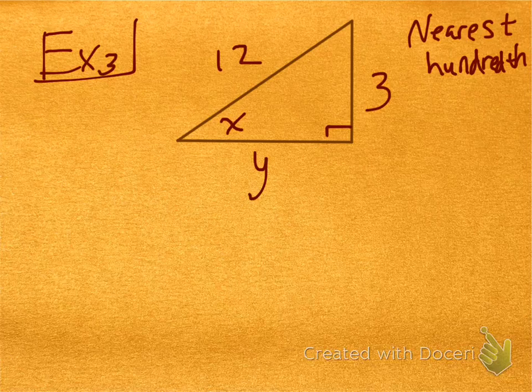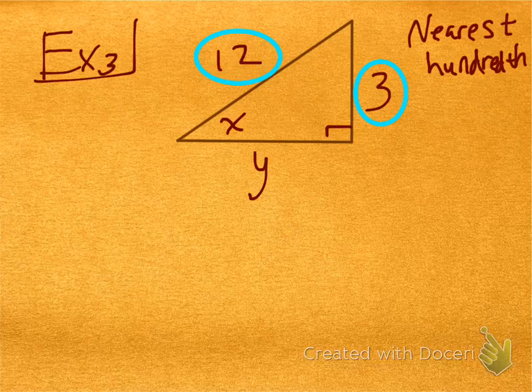The clue here is that we know these two side lengths, 3 and 12. How do those side lengths relate to x? Well, 3 is the opposite leg to x, and 12 is the hypotenuse.